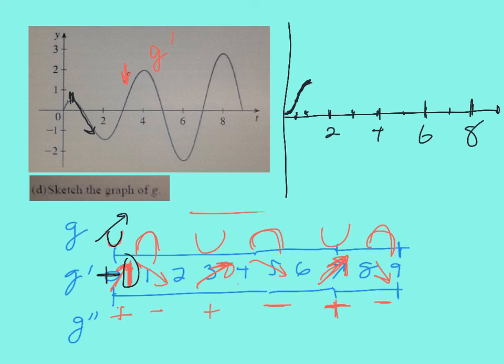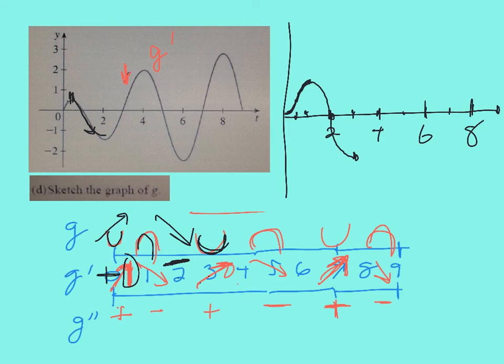Now, at 1, we go to negative numbers. So from 1 to 3, these are all negative numbers. So our graph has to be going down at this point. And 2, we said, was a point of inflection. So we're still concave down all the way to 2. Now from 2 to 3, we're going down, but we've changed to concave up. So we're concave up until we get to 3.